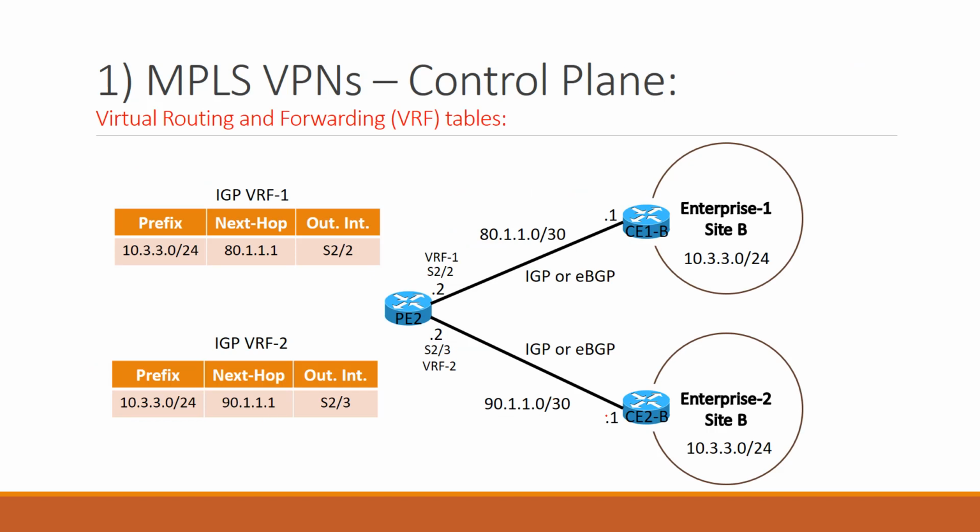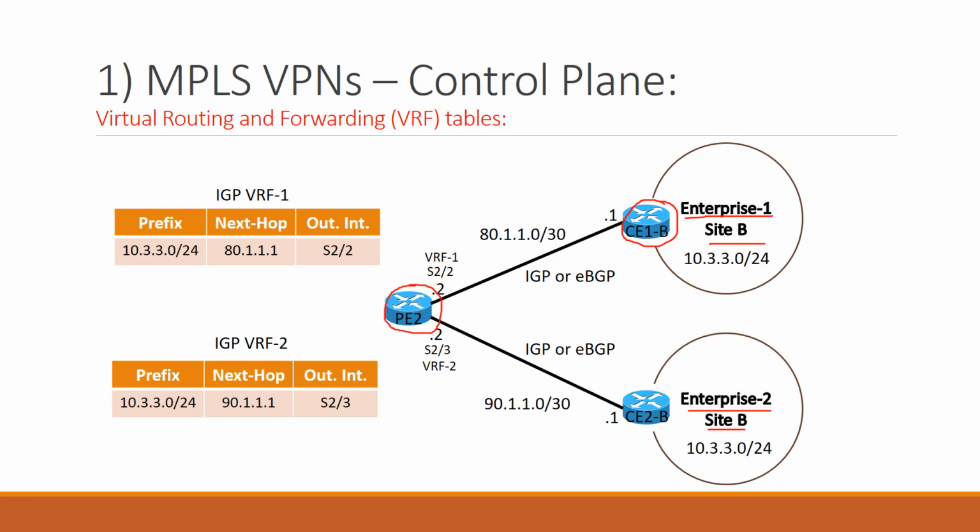Let's see here from provider edge 2's point of view, where it is connected to two enterprises, enterprise 1 and enterprise 2, side B for enterprise 1 and side B for enterprise 2. As we can see, there is a routing protocol used between this customer edge router and this provider edge router.